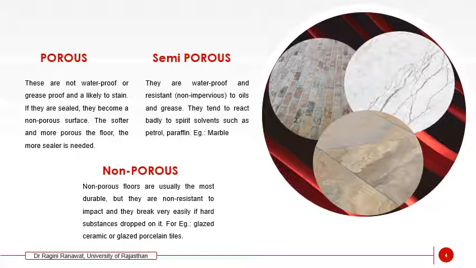So the ceramic tiles, the porcelain tiles, are very resistant to moisture, grease and staining, but at the same time they are not that durable when it comes to bearing the impact of heavy materials like furnitures or showpieces, etc. So these are the three types of flooring available when it comes to porosity of the flooring material: porous, semi-porous and non-porous.